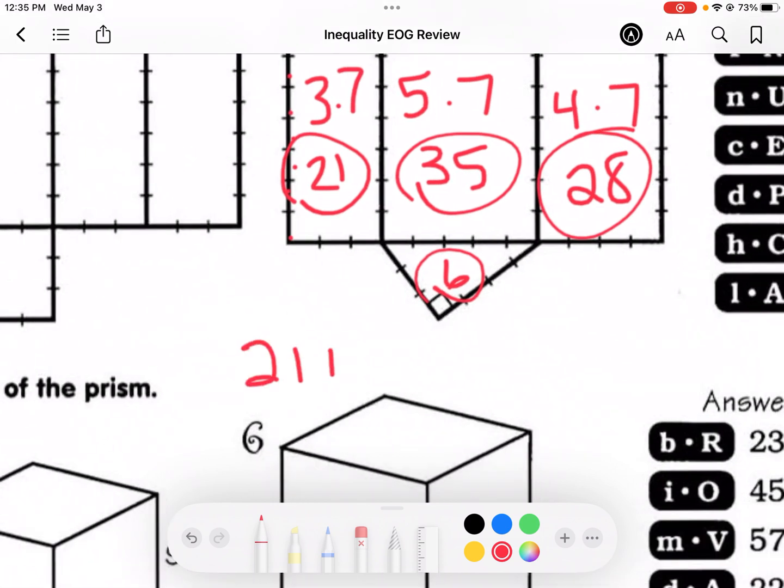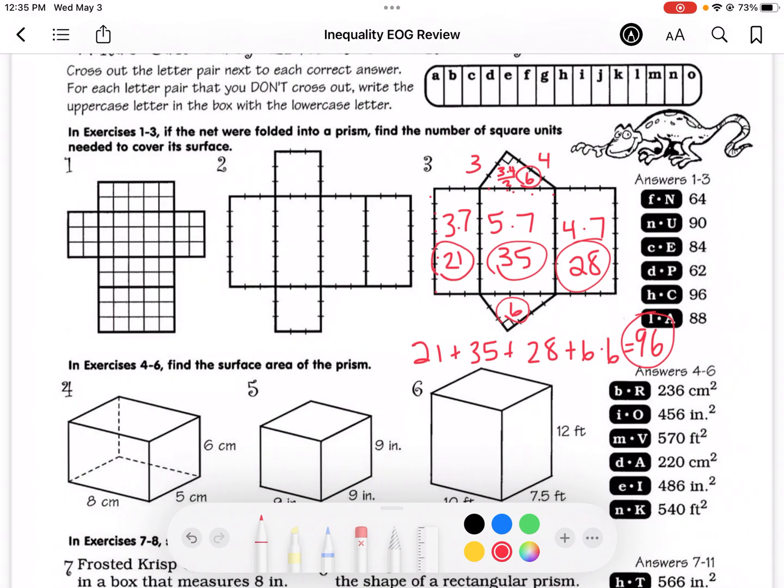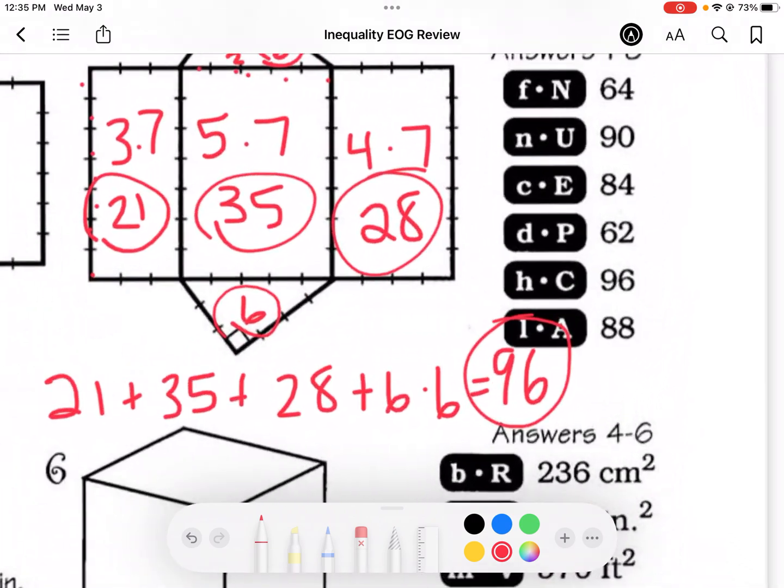So 21 plus 35 plus 28 plus 6 plus 6. And I get 96, which is C.